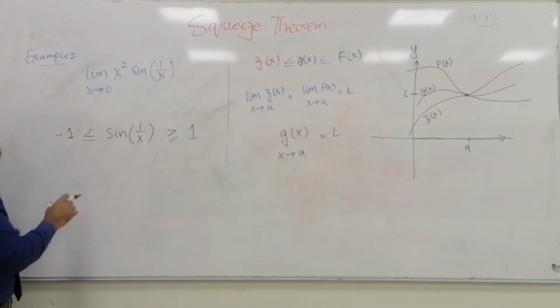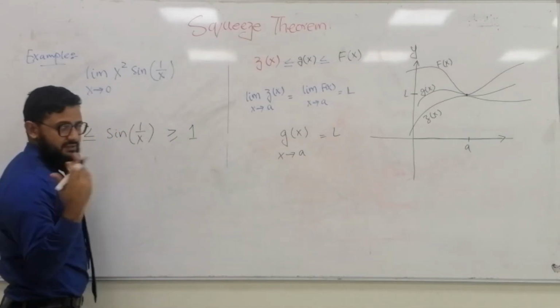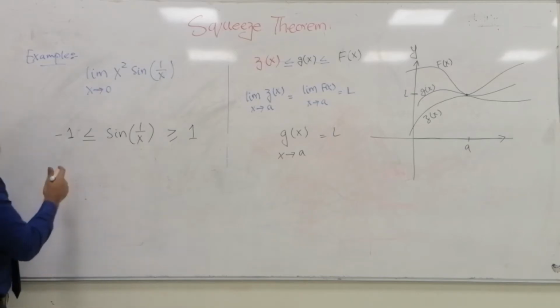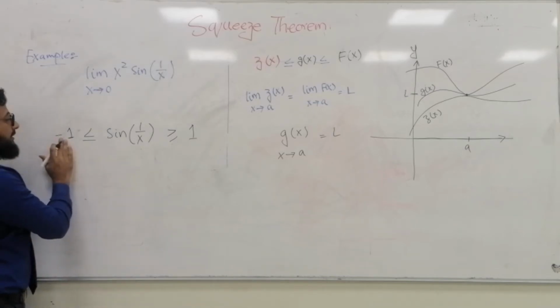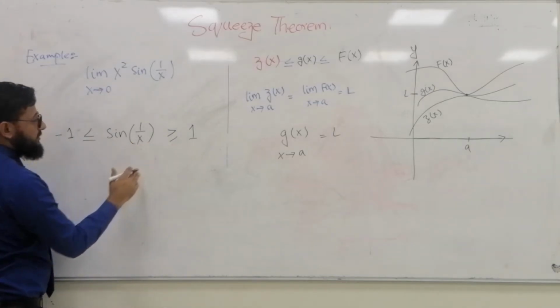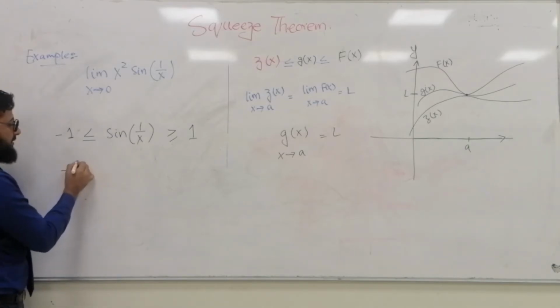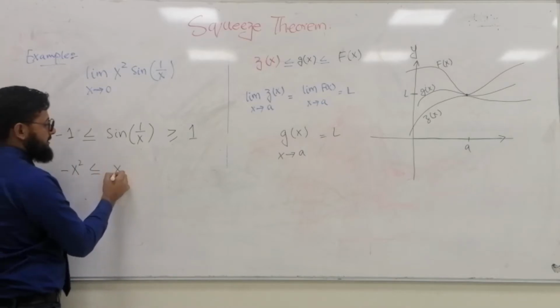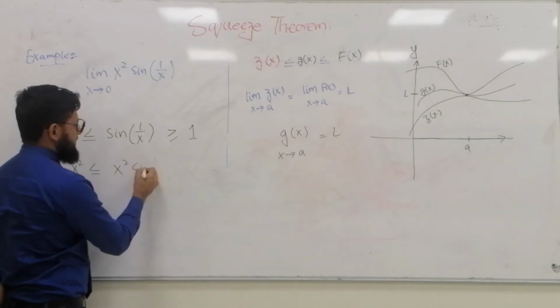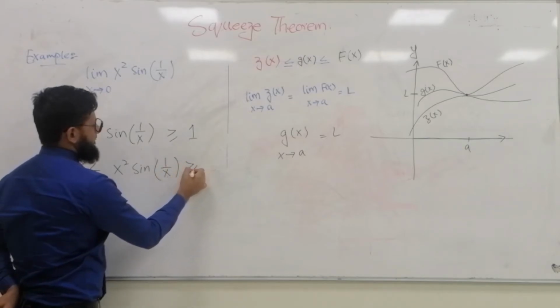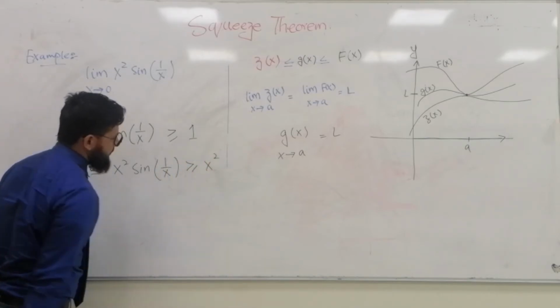Now, what can I do? If I multiply all three of them by a positive number, the inequality signs will still be the same, right? They will not change. So let's say I want to multiply each one of them by x squared, right? So this will give me minus x squared, and here it will give me x squared sine 1 over x, and x squared.